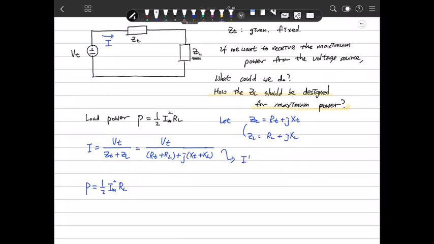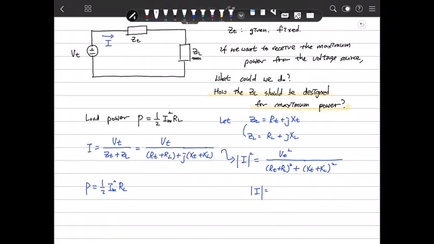The magnitude of current will be Vt over the square root of (Rt plus RL) square plus (Xt plus XL) square.